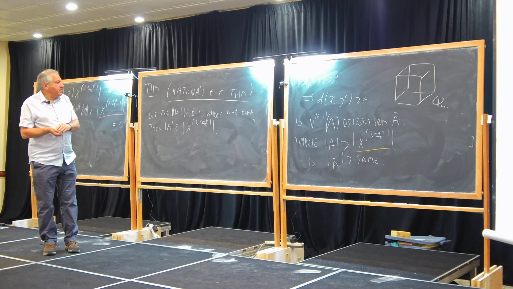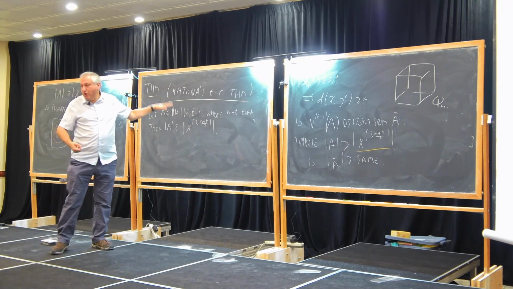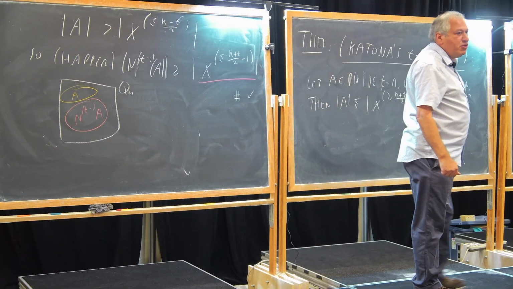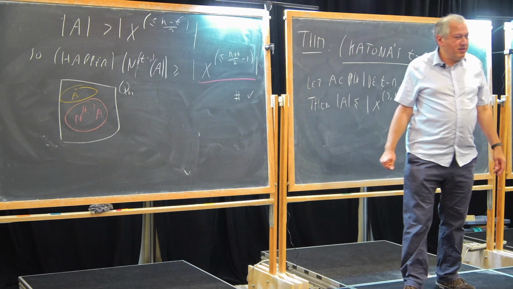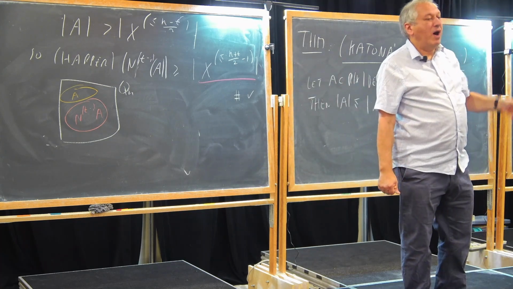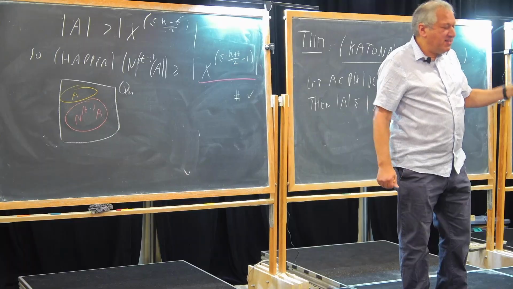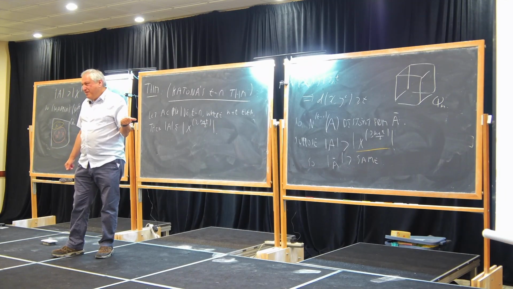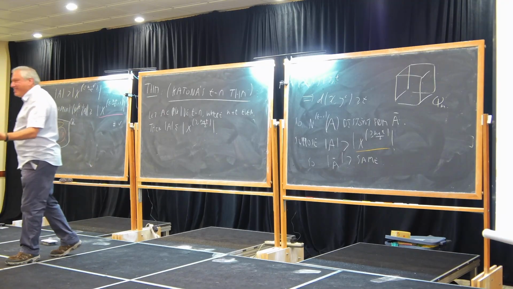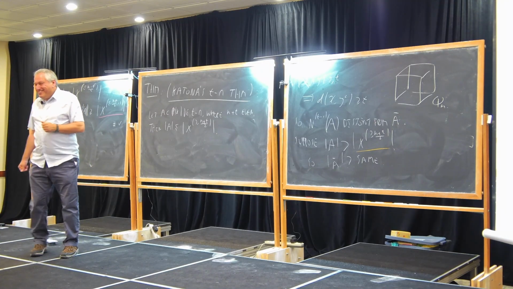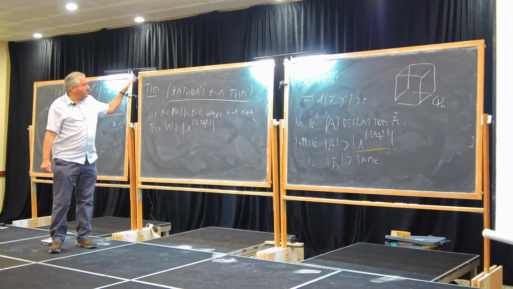Katona's initial proof was very long and complicated, and it appeared in the Journal of Combinatorial Theory, Volume 1, Issue 1, back in the 1960s. That's the exact same issue where Harper's theorem appeared. But no one noticed for more than 10 years that the one implied the other straight away.